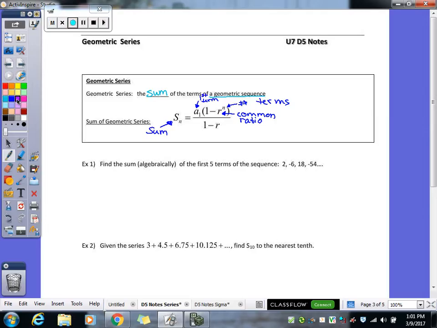Let's take a look at our first example. We have find the sum of the first 5 terms of the sequence. So I'm going to write my sum formula down first. So S sub n equals a sub 1 times 1 minus r to the n all over 1 minus r.